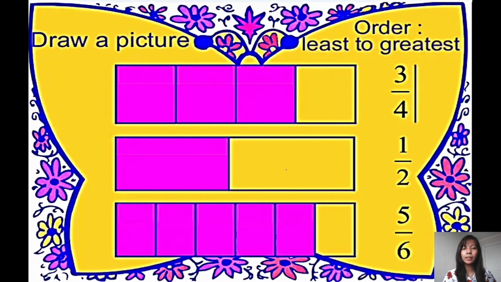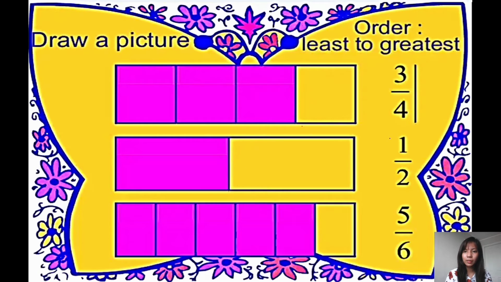And then this is 1/2. 1, 2, and then 1 numerator, so 1 shaded part. And this is the 5 over 6. So as you can see, which one is the smallest or the least fraction? This one, 1/2, right? 1/2, the very small or the least.